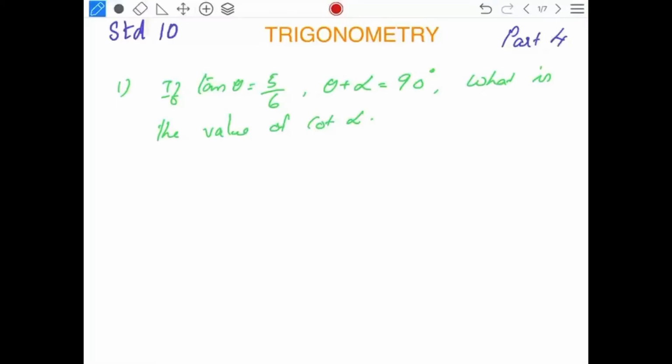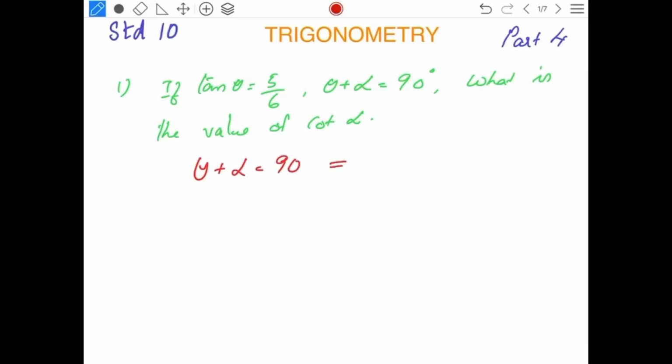Here it is given tan theta is equal to 5 by 6 and theta plus alpha is equal to 90 degrees. What is the value of cot alpha? So theta plus alpha is equal to 90. So we have to find cot alpha.